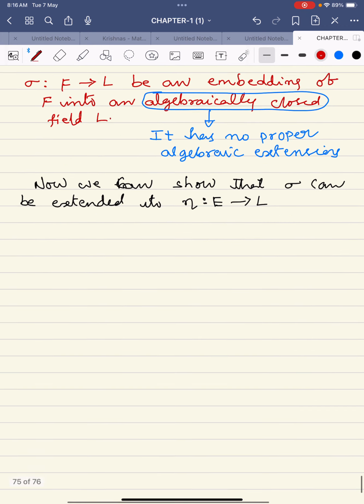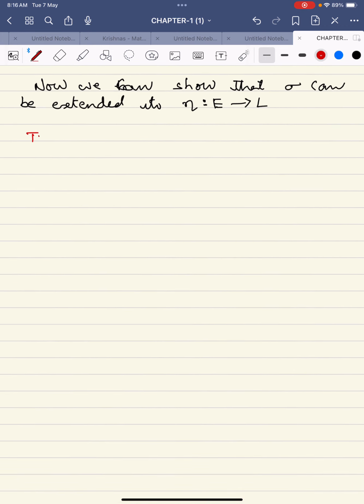To prove this, define a set capital S as follows.